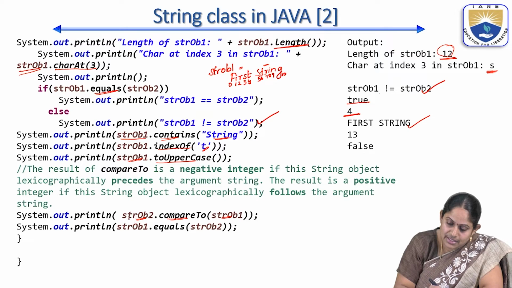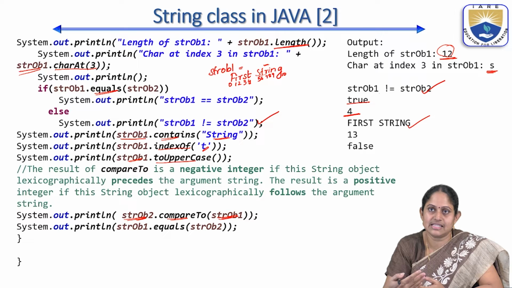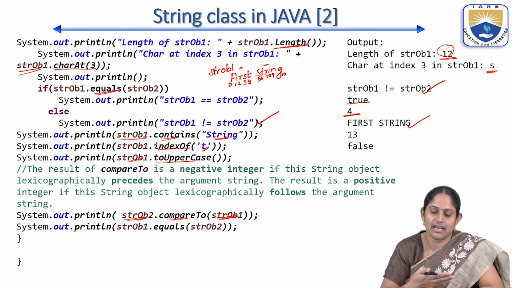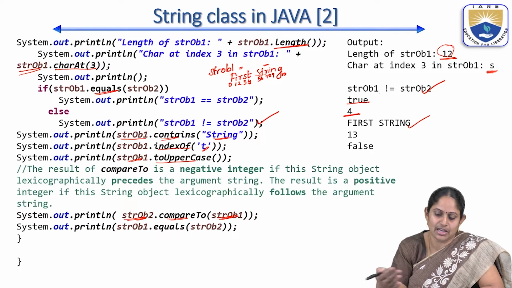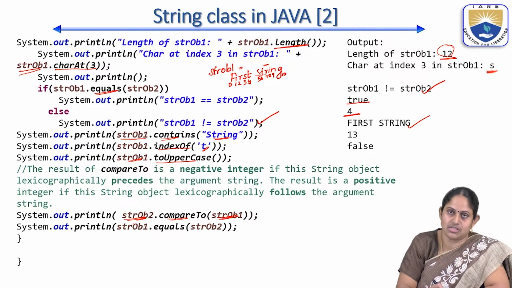So if this string object comes after this argument, lexicographically, that means according to dictionary alphabetical order, then it will return a positive value.